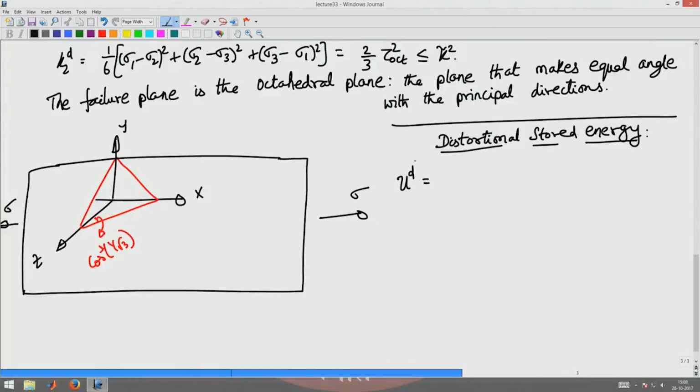I will define the complementary strain energy, complementary distortion stored energy to be more specific. So, this will be nothing but (1 plus nu) by E into trace of sigma D whole square. Now, you know that K2D is nothing but 1 half of trace of sigma D squared.